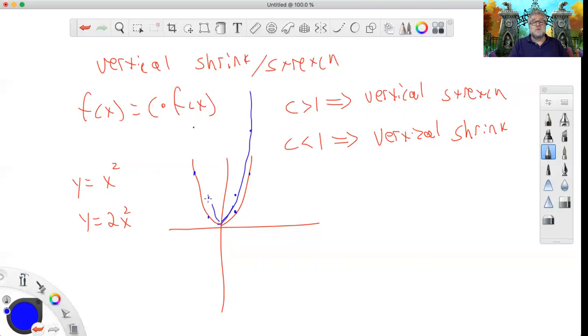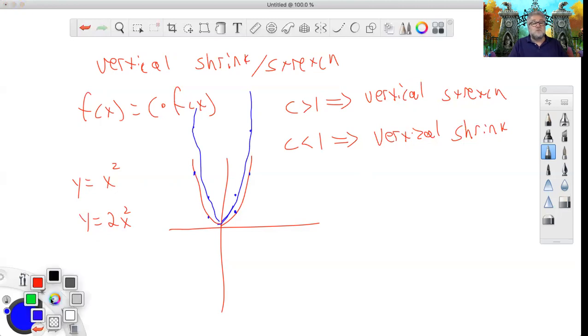Now, what I don't like about this is that a vertical stretch kind of looks like a horizontal shrink, right? And it does. It's hard to tell by looking at the graph. We're never going to look at the graph and say what happened, unless it's just easy shifts, horizontal and vertical shifts, or reflections. These horizontal and vertical stretches and shrinks, it's really hard to tell by looking at the graph. We'd have to look at the equation.